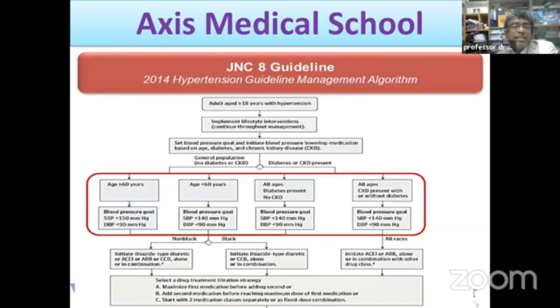As this patient has no diabetes, no chronic kidney disease, and age is less than 60 years, his blood pressure goal should be systolic less than 140 and diastolic less than 90 millimeter mercury. So we have to lower his blood pressure below 140 systolic and below 90 diastolic.